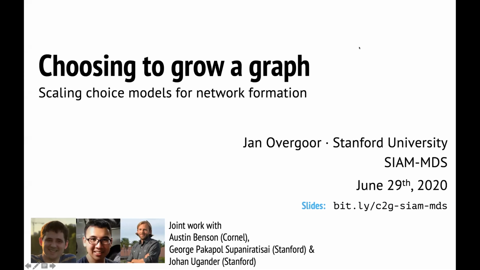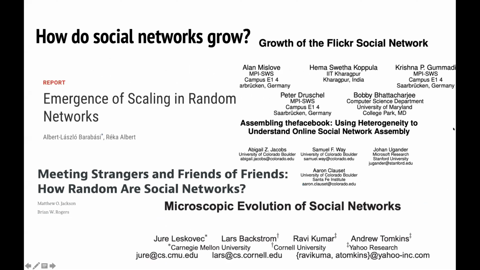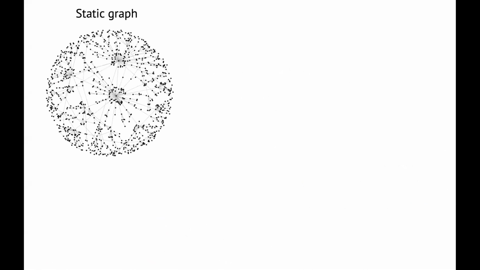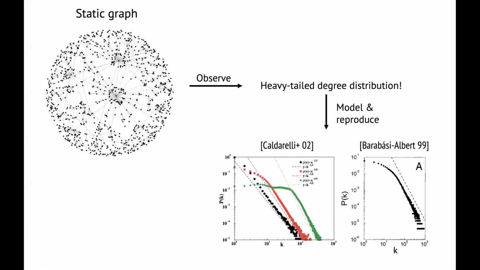How do social networks grow is one of the oldest and most studied questions in network science. A common early method was observing a static graph and some feature of this graph, for example, a heavy-tailed degree distribution, and then coming up with hypothetical formation models that match this observed feature.